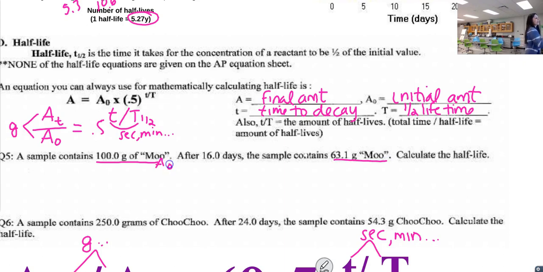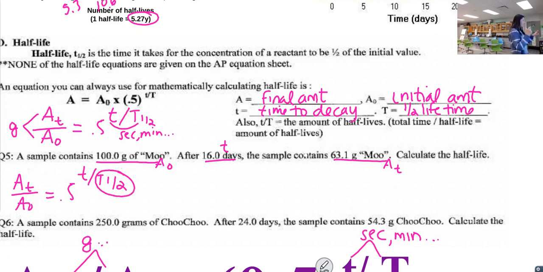So this must be my initial, and this must be my final, my AT, and 16 days would be representing my T. So AT over A0 is equal to 0.5 raised to the T over T1 half. I am solving for my T1 half. This is a little bit different.